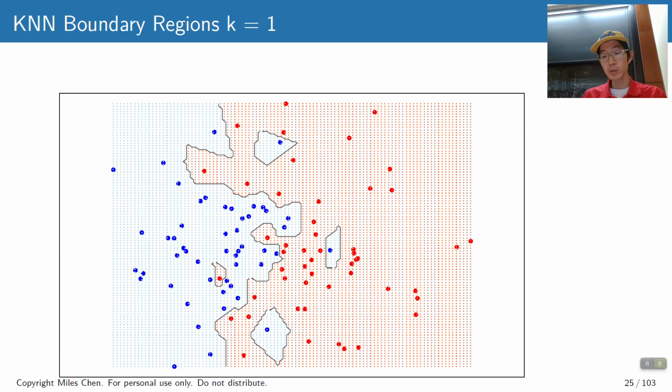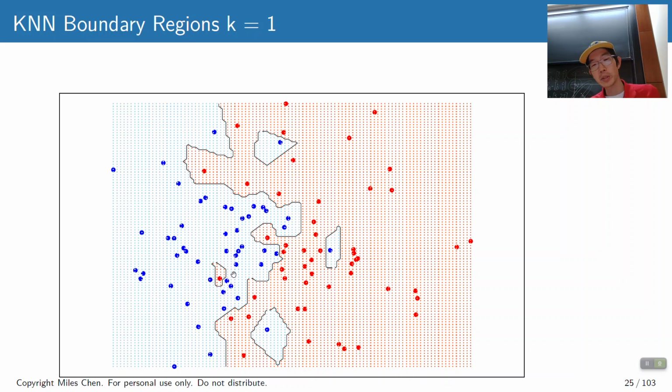So when you do k equals 1, you can see this one little blue dot out here forms its own enclave or exclave, okay? This one little dot out here in red has formed its own little red territory around itself.